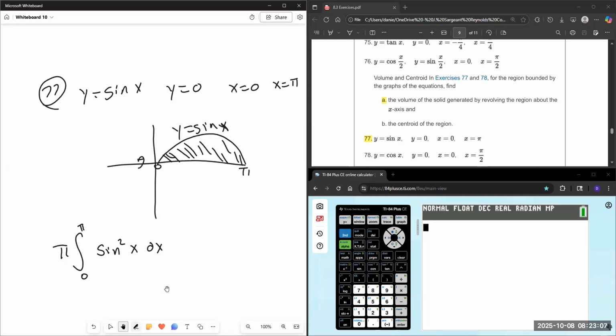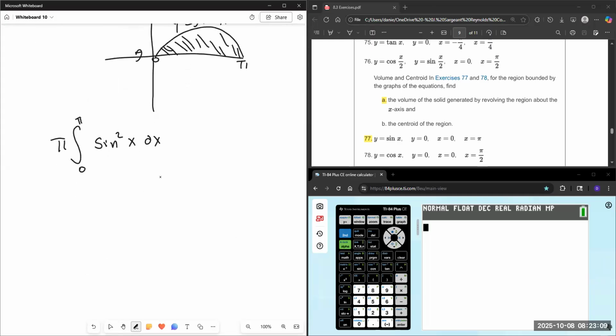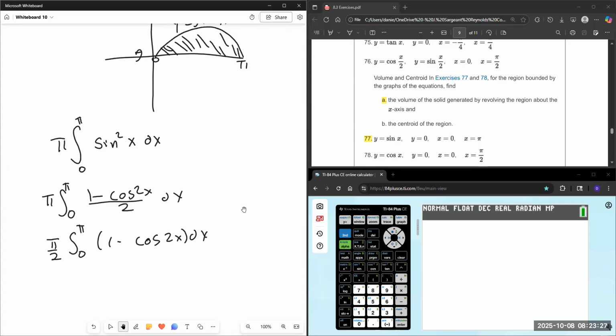Here I have to use my power reducing formula: pi times the integral from 0 to pi of 1 minus cosine 2x over 2 dx. I'll make this pi over 2 out here, the integral from 0 to pi of 1 minus cosine of 2x dx.